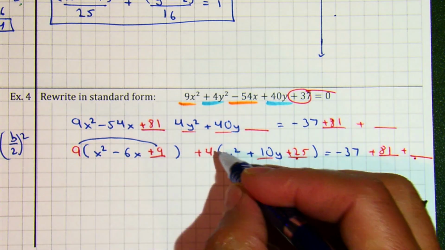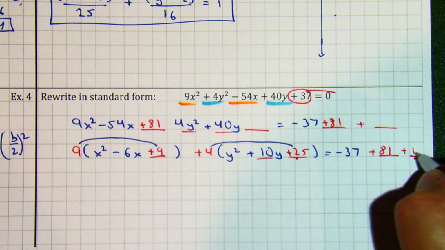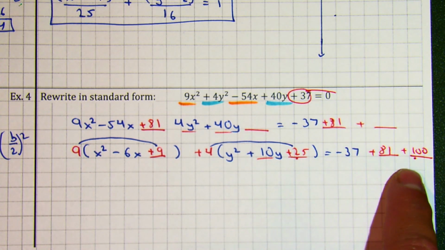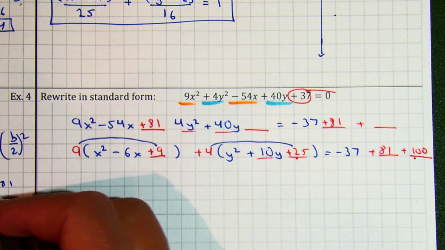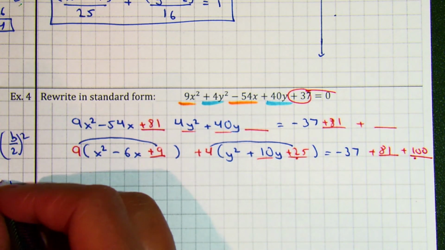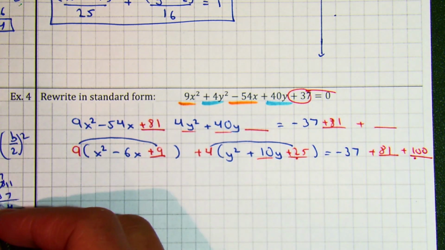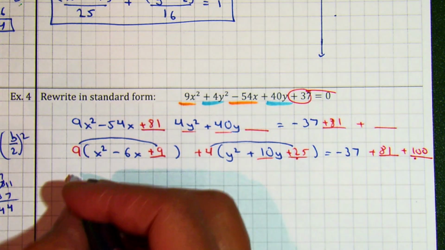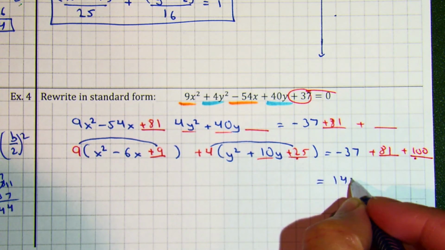It should be 4 times 25, which is 100. That's 181 minus 37. So 144. So therefore, I'm going to factor this out. This will be equal to 144, all three numbers.